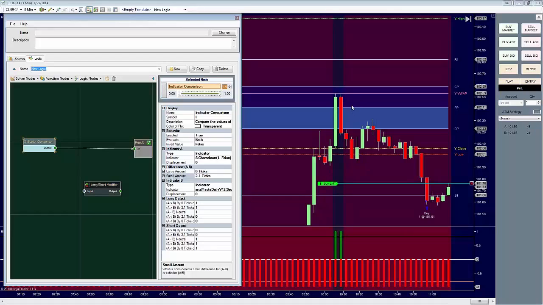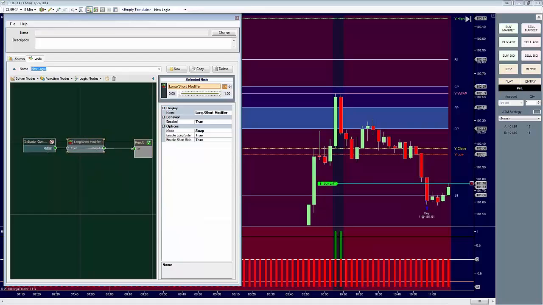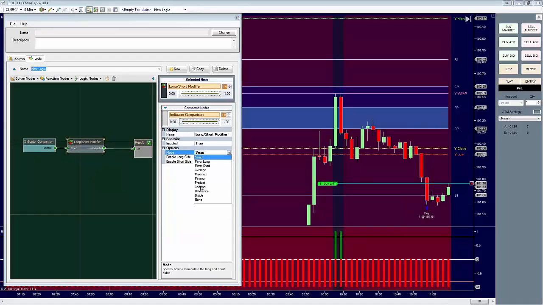All right, and then all the bars that are below and not touching, then we get nothing but short output, and then all the bars that are above and not touching, we get a long. So we want to eliminate all of those bars on which we get only the short or only the long output. And we do that by setting the long-short modifier to product. Because what is that? Product is multiplication.